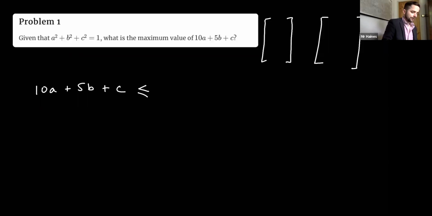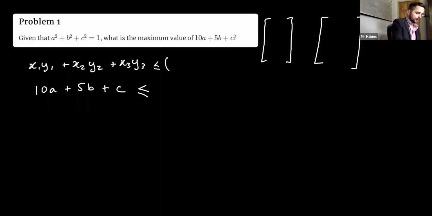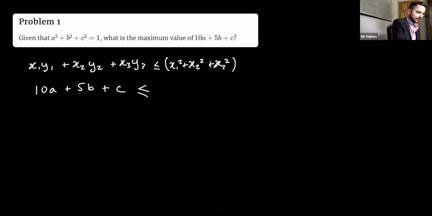Now I'll just write down the Cauchy-Schwarz inequality above. x1 y1 plus x2 y2 plus x3 y3 is smaller than or equal to x1 squared plus x2 squared plus x3 squared, times y1 squared plus y2 squared plus y3 squared.